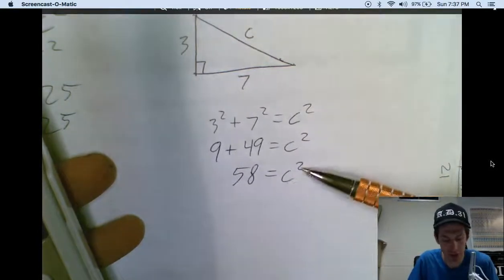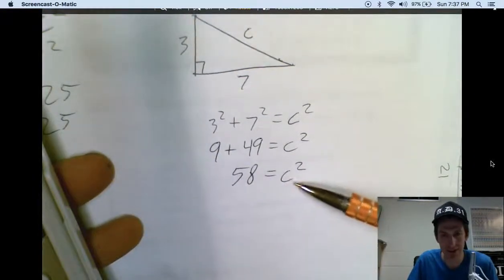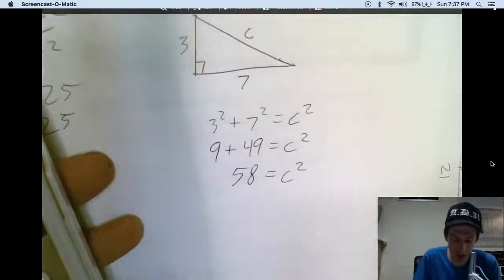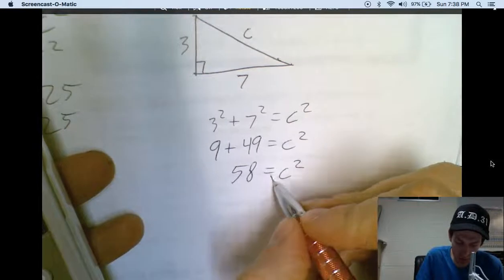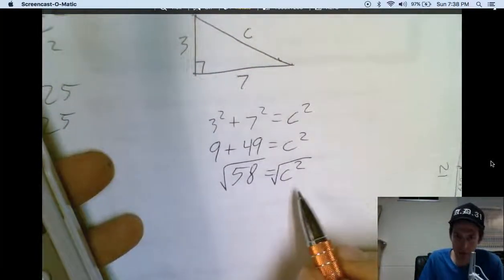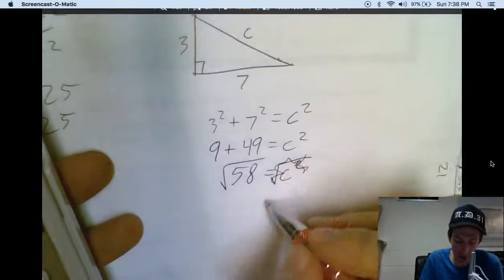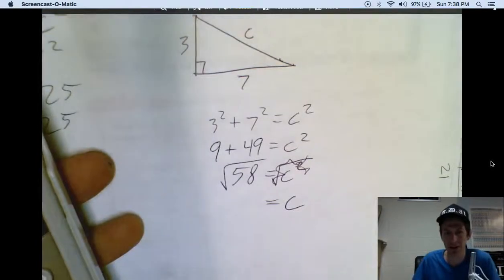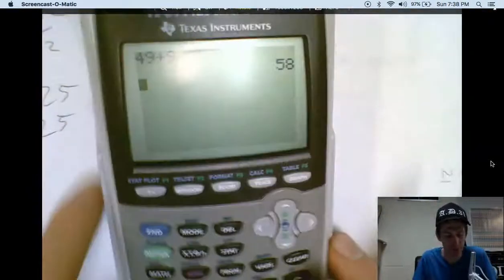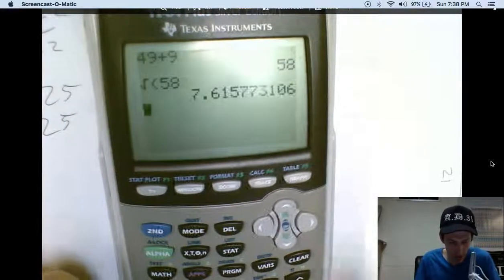We don't care what c squared equals. We don't care that c squared is 58. We want to know what c is. What is this length? To get rid of that exponent, I've told you this before, square root both sides. That square root, that radical sign, undoes that square, and now it's gone. All you have left is c there. But we've got to figure out the square root of 58. So on my calculator, I go like this. Second, square, 58, enter.